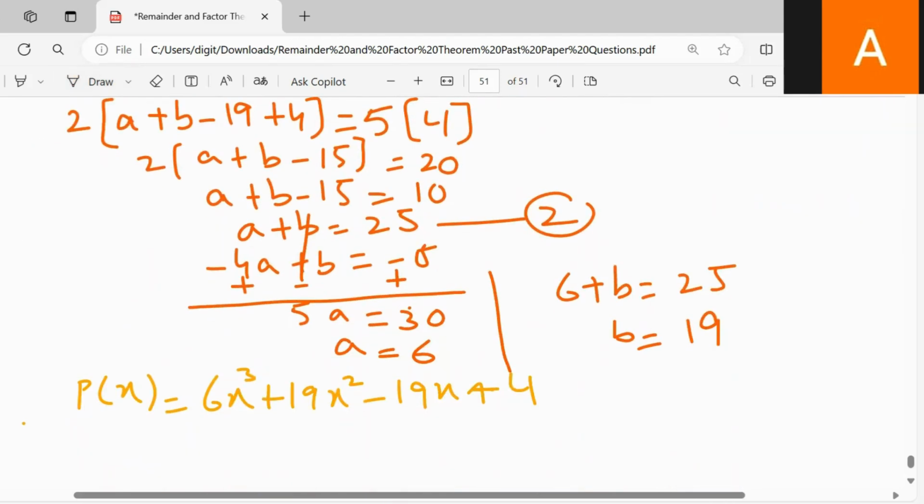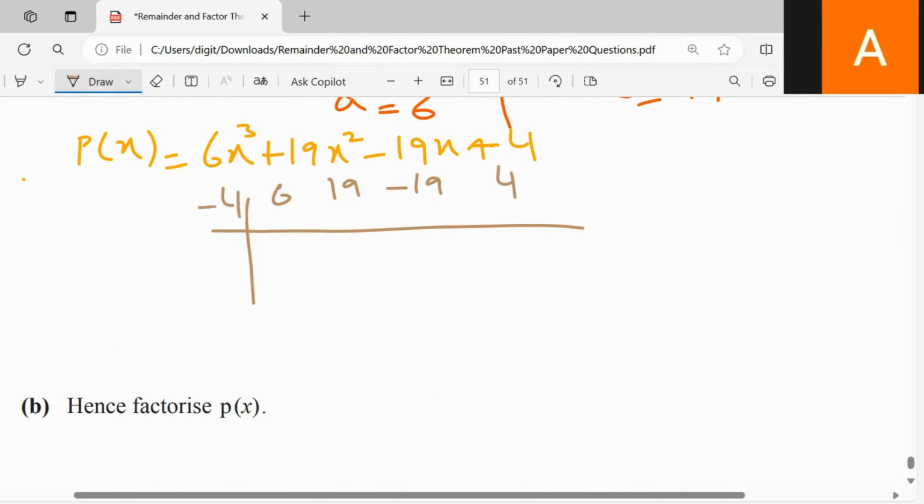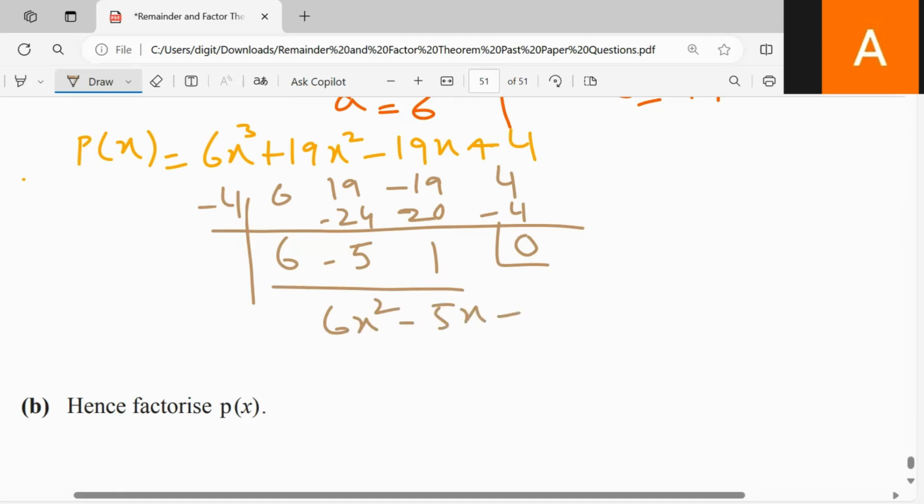So 6 as it is, minus 24 is 5, and 5 times minus 4 is minus 20, and minus 20 plus 19 is minus 1... the remainder is 0. Now this is our quadratic expression, 6x squared minus 5x plus 1. So this is how you can write x plus 4 into this. This is the required expression.